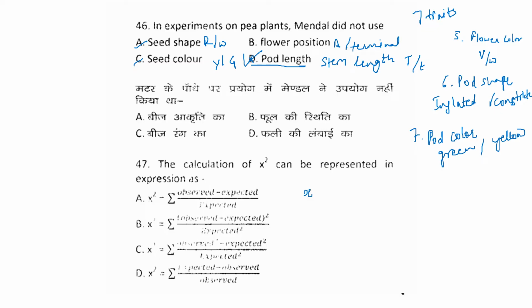The correct formula for chi-square is summation of observed minus expected, square, divided by expected. So this is the correct expression for chi-square.